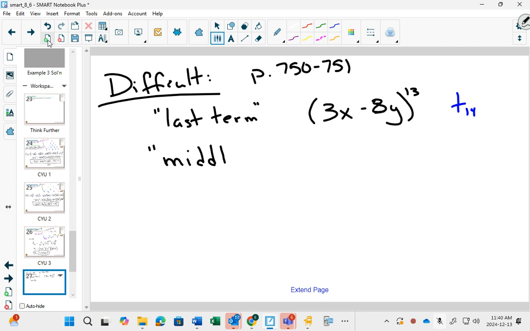Sometimes they say, can you find the one in the middle? A little bit trickier. Which is the one in the middle?